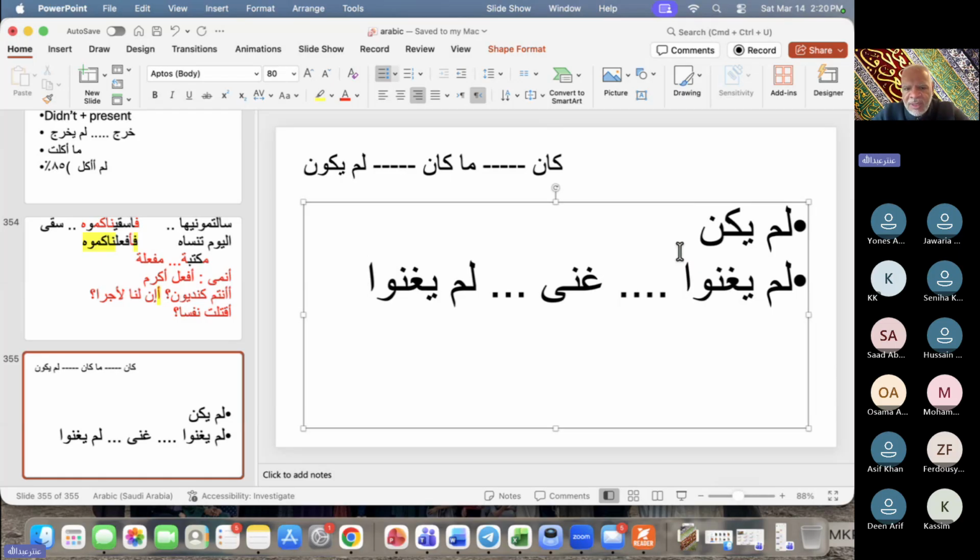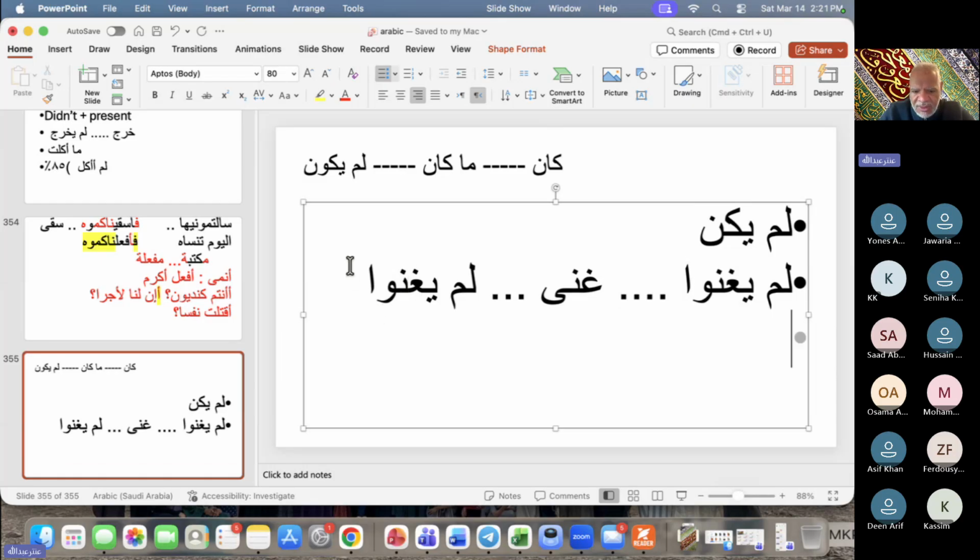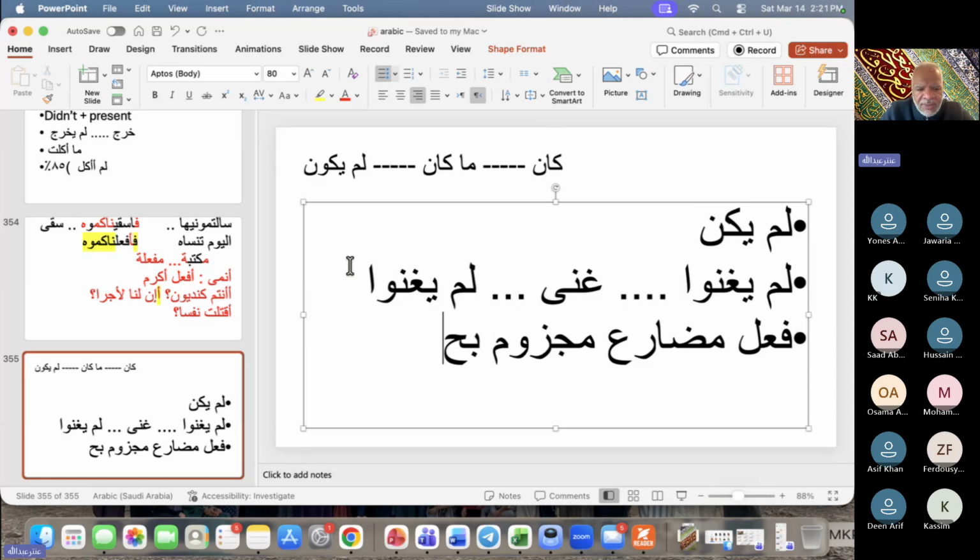So the marker for the jussive here is just the same as the subjunctive. You drop the noon, and so we'll call it فعل مضارع مجزوم بحذف النون.